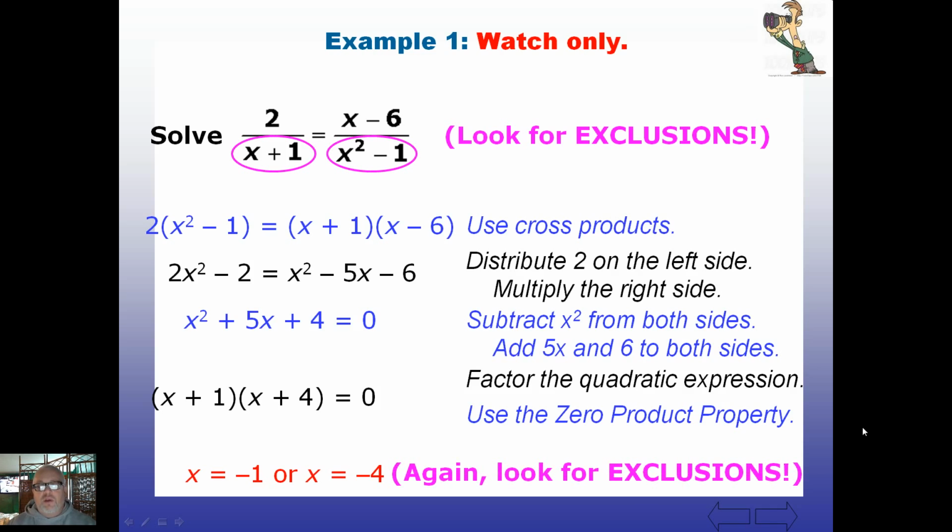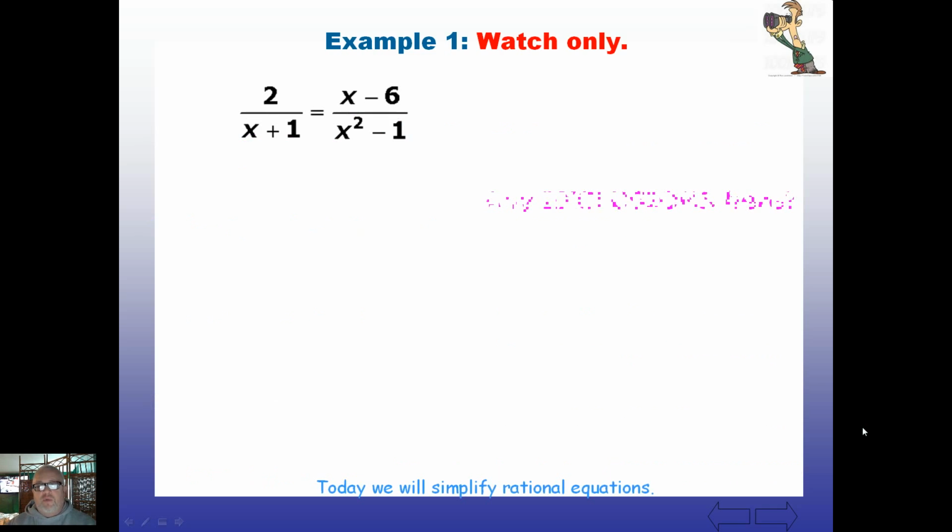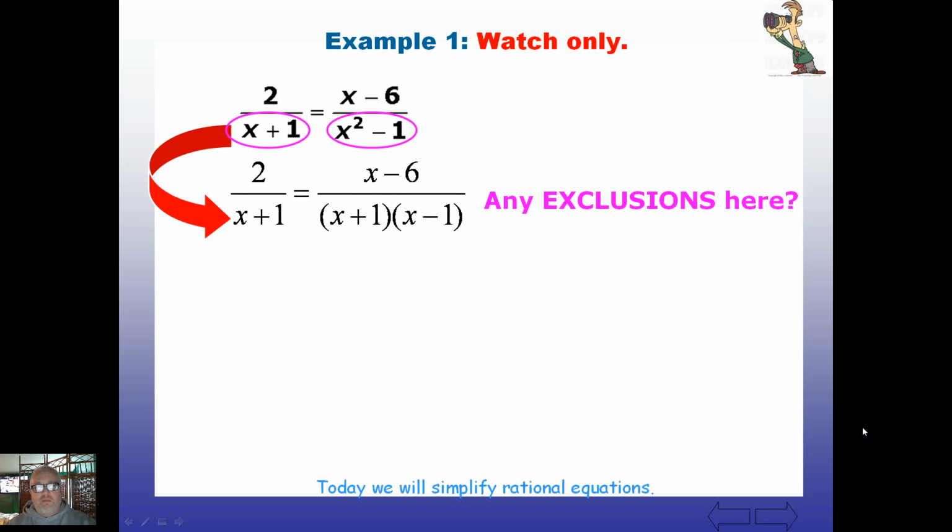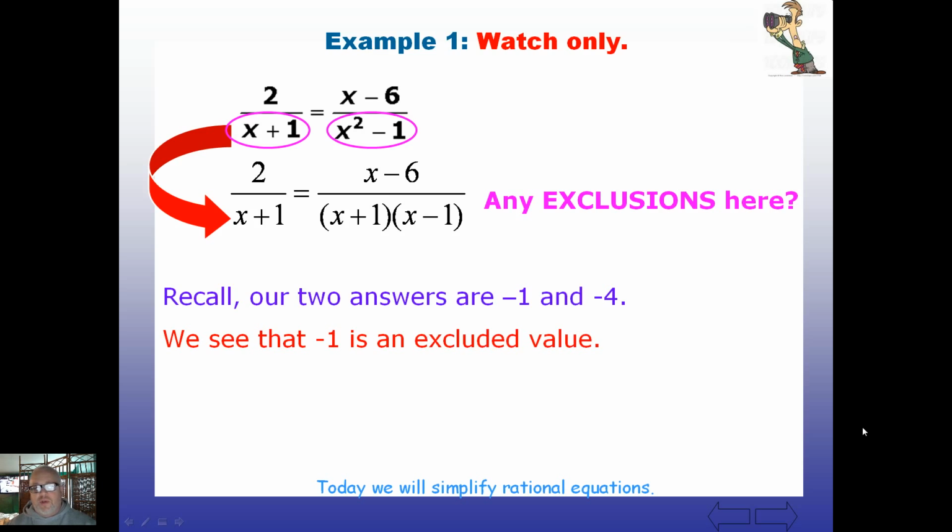Now we need to look for exclusions. So go back and look at our original problem. We had x plus 1 and x squared minus 1 in the denominators. Let's see what happens. Our two answers are negative 1 and negative 4. If you plug negative 1 in for x, what would your denominator be?